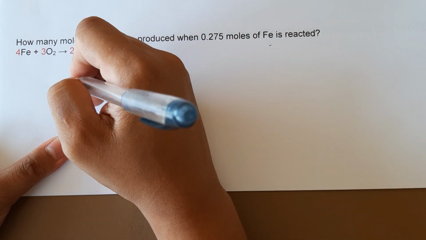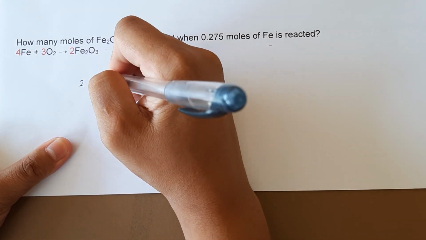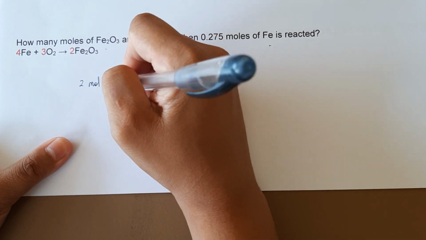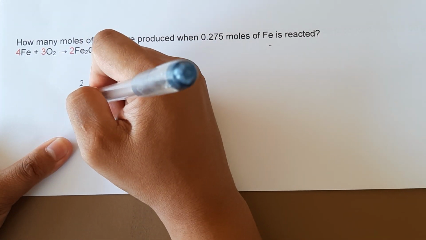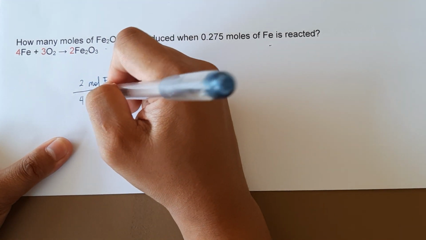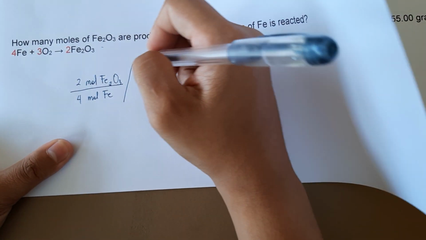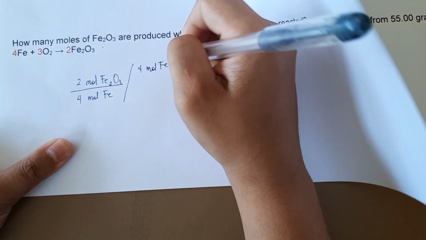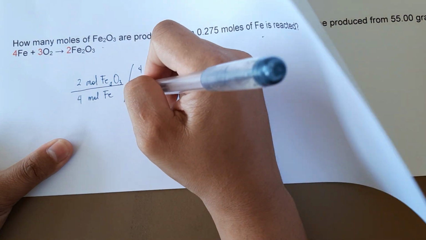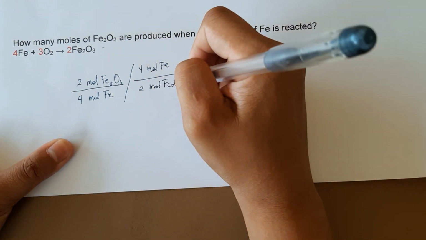So, that's 2 moles of Fe2O3 over 4 moles of iron, or pwede nating baligtarin, that's 4 moles of iron over 2 moles of Fe2O3.